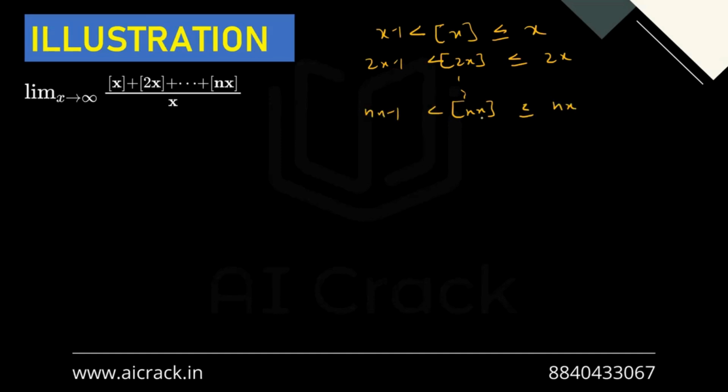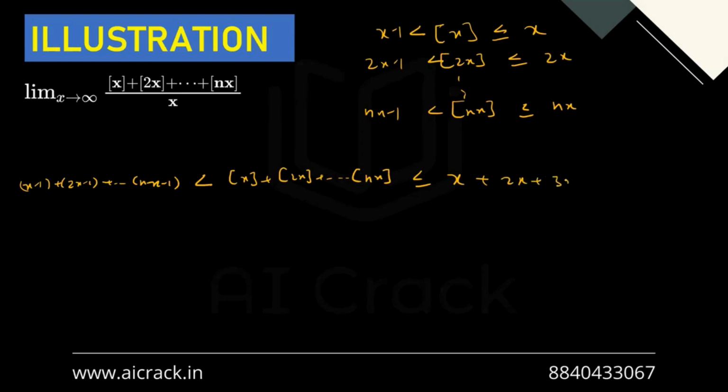Now we'll use this for the entire inequality. So we have x minus 1 plus 2x minus 1 till nx minus 1 is less than GIF x plus GIF 2x till GIF nx, which is less than or equal to x plus 2x plus 3x till nx, right?